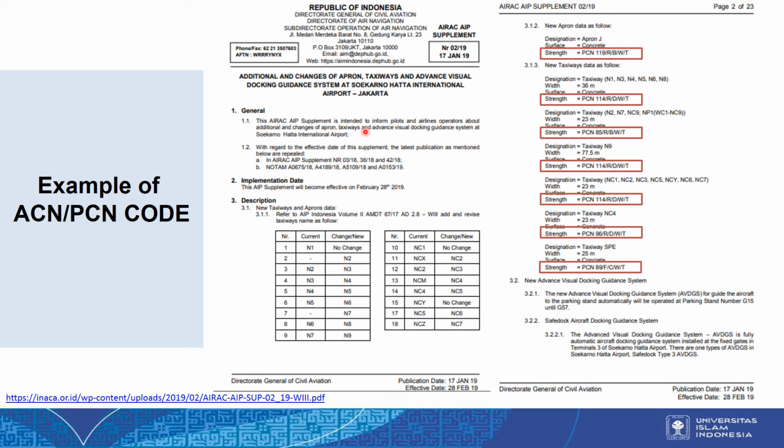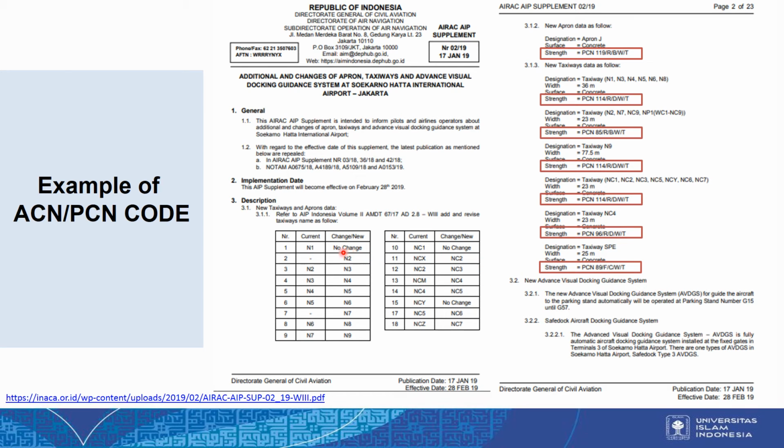So this supplement is intended to inform pilots and airline operators about additional and changed aprons, taxiways, and the advanced visual docking guidance system at Soekarno-Hatta International Airport. It also has data containing information about the change of the apron or the taxiway.